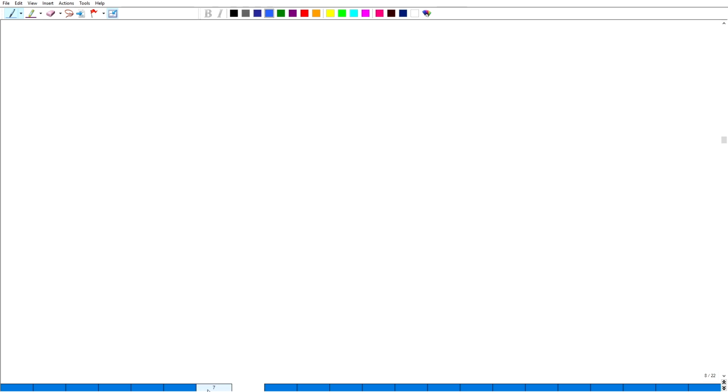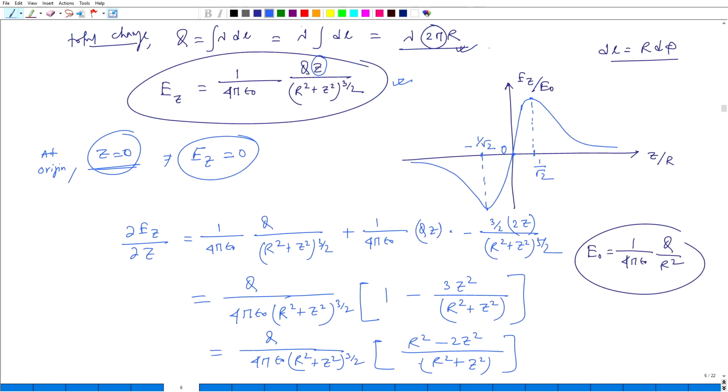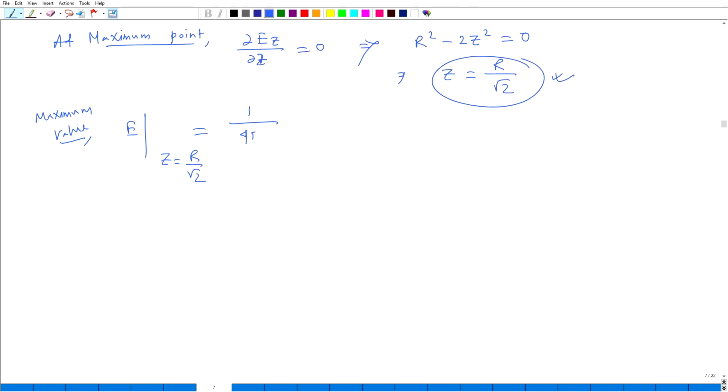And if we calculate the maximum value of the electric field, E at point z equals r by root 2, just plugging into this expression: 1 over 4 pi epsilon naught q times r over root 2, divided by (r square by 2 plus r square) the whole to the power 3 by 2.